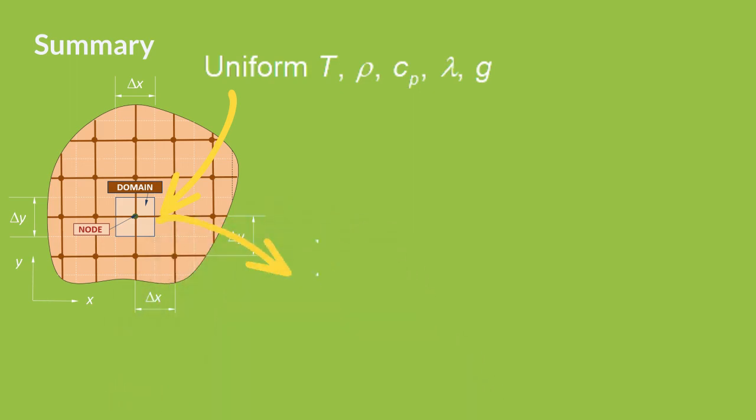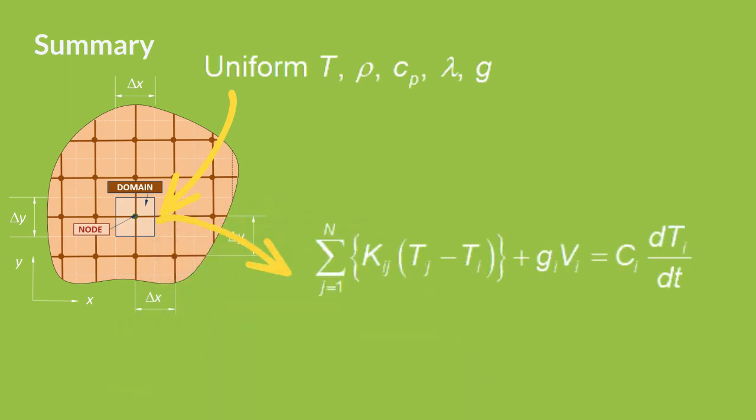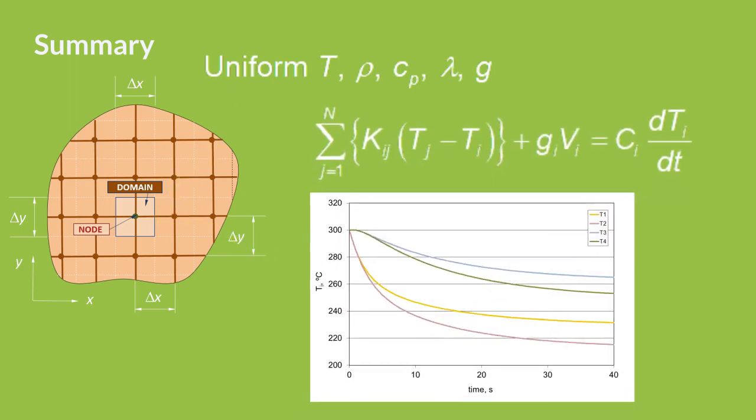For each domain, the energy conservation is applied. The result is a system of ordinary differential equations. As many as domains. The solution of the system of equations is the temperature distribution. Please watch the videos about how to solve a steady state and a transient regime.